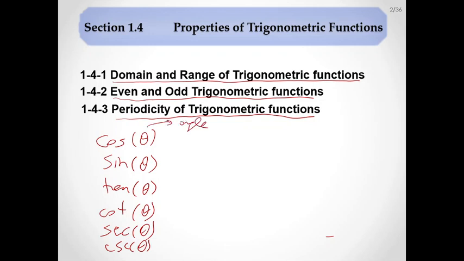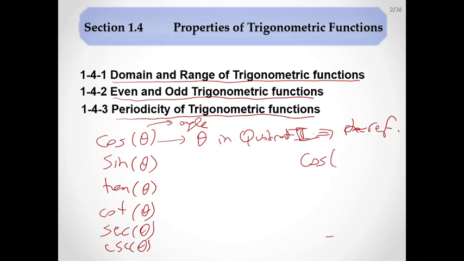Now we learned how to find the values of them. So for example, for theta in quadrant 2, we do the reference angle alpha, then cosine of theta is equal to minus cosine alpha, since in the second quadrant it is negative.